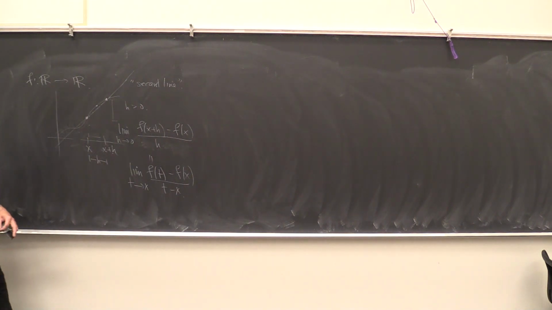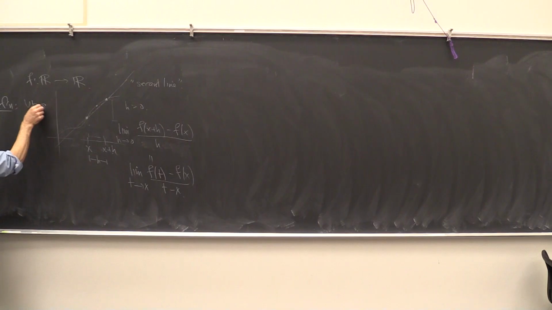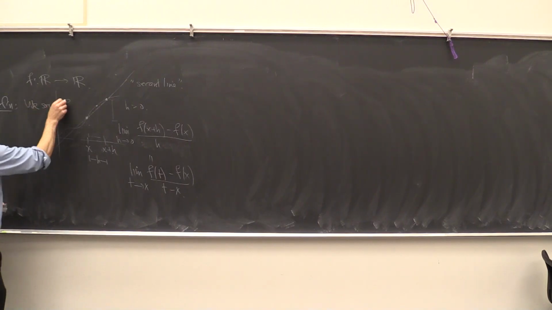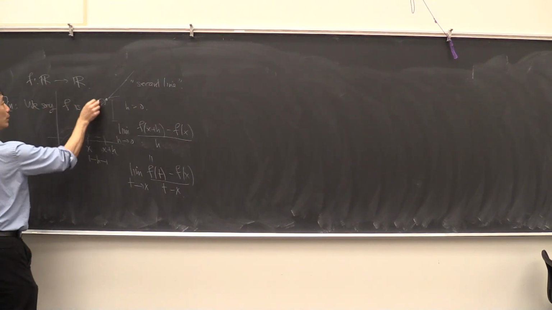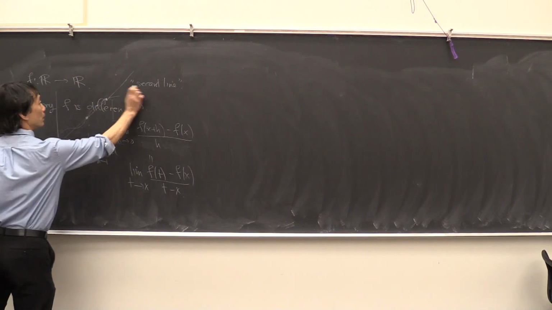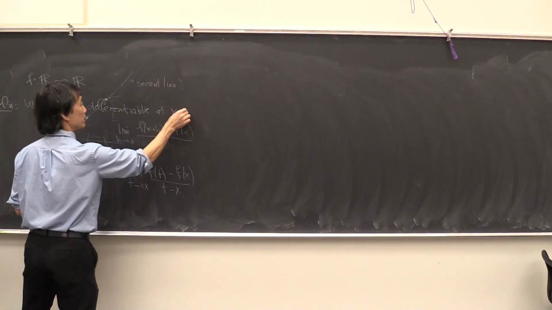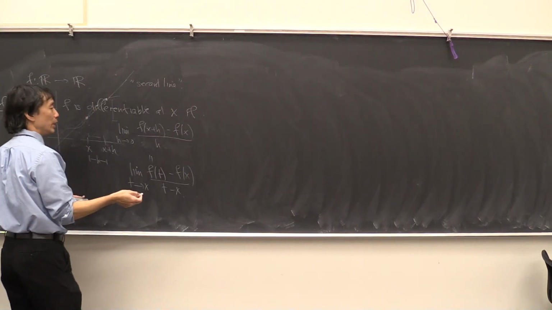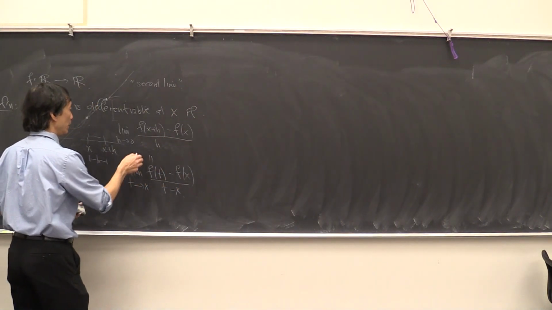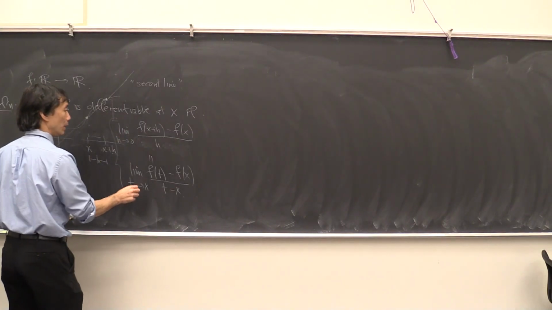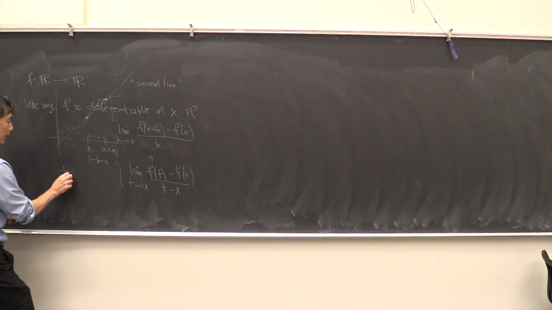So, definition: we say f is differentiable at x if this limit exists.